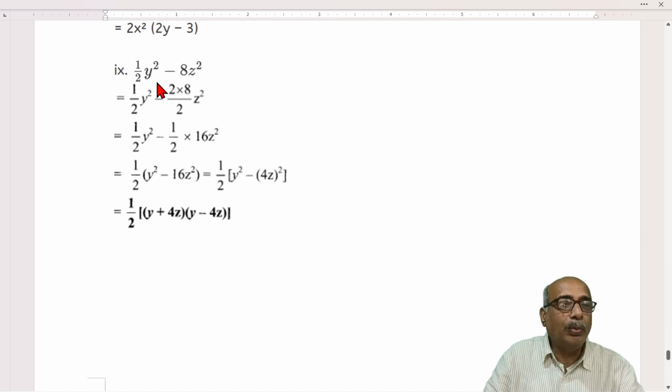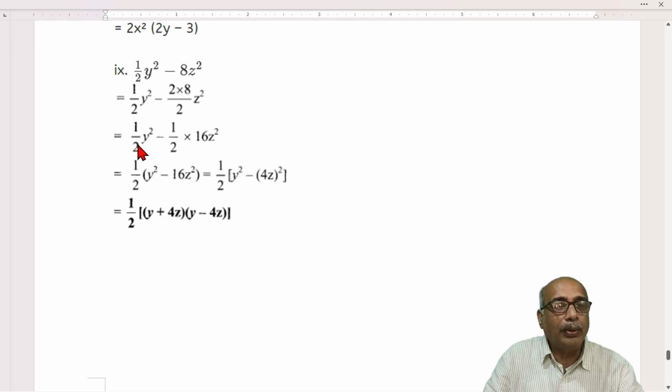1 by 2y square minus 8z square. So factorize this. 1 by 2y square. Now this is not in brackets, so it will not be upon 2 square. So it is 1 by 2y square minus 2 into 8 upon 2. Why? Because half we can take common. So the adjustment we are doing here, 2 into 8 upon 2 z square.